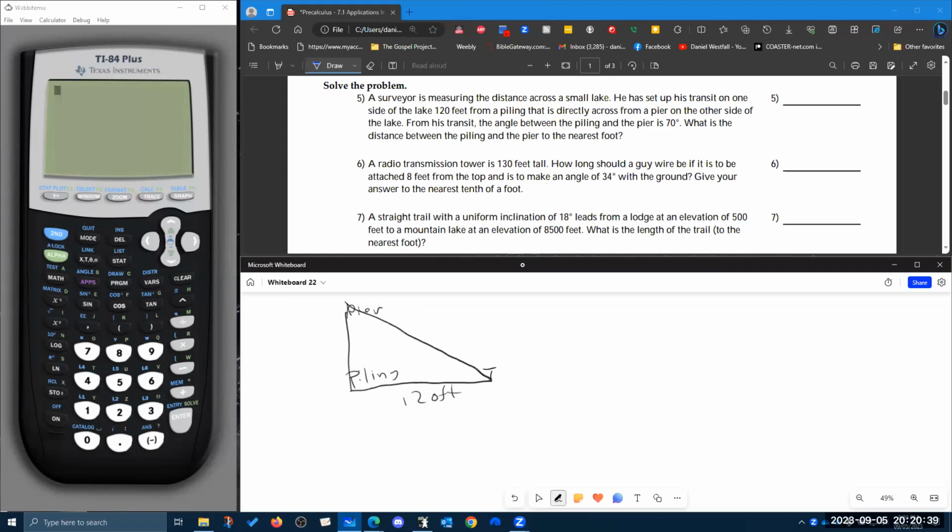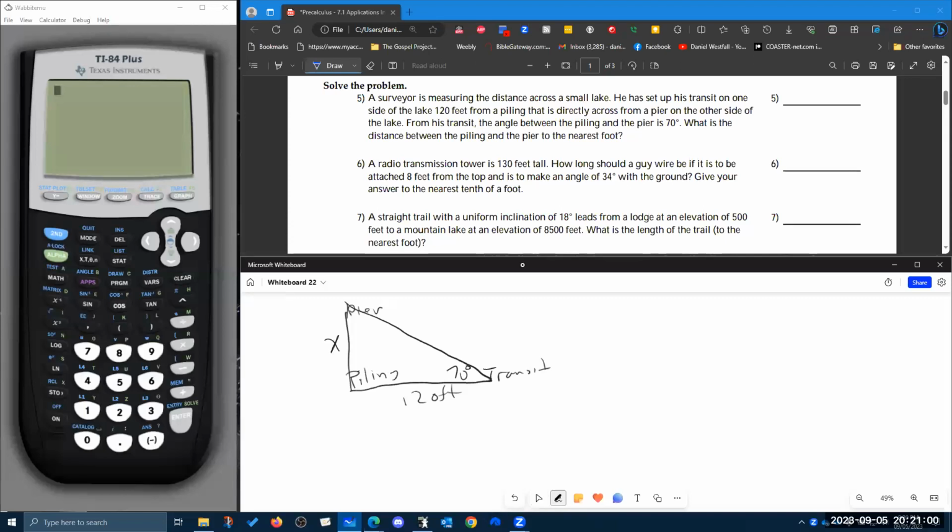And this is the surveyor with his transit. That's a tool that he uses to measure. And from his transit, he found the angle between the piling and the pier to be 70 degrees. What is the distance between the piling and the pier to the nearest foot?